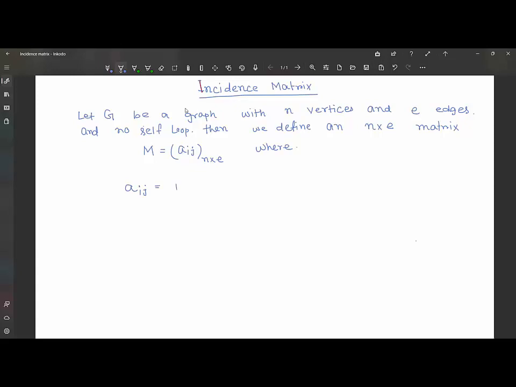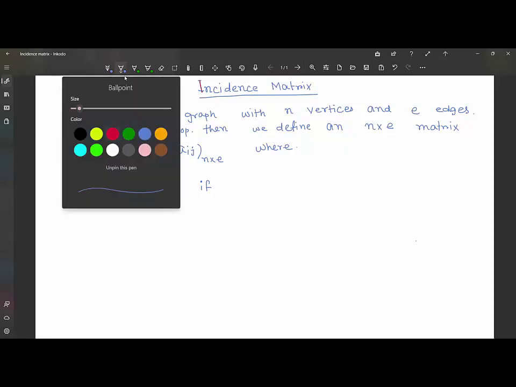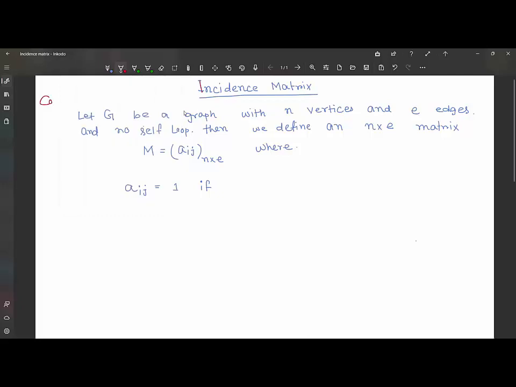This value of Eij will be 1 if, so one more thing, we are defining this incidence matrix now for a connected, non-directed graph.